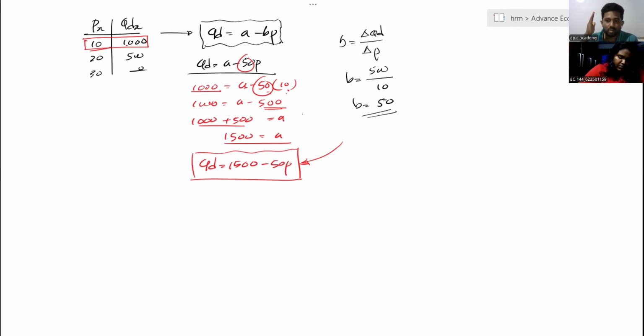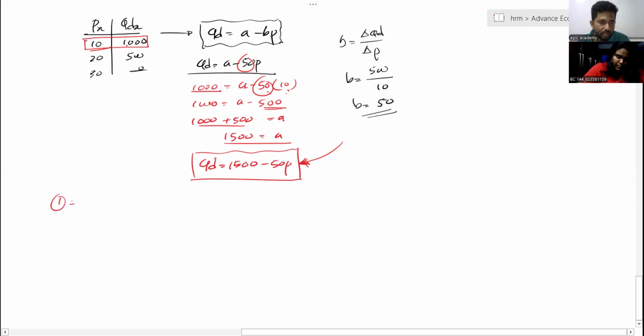First of all, you have to identify the value for the B. Next, we are going to find the value for the A by using a selected point of the schedule. Right? So this is the point, this is the equation.